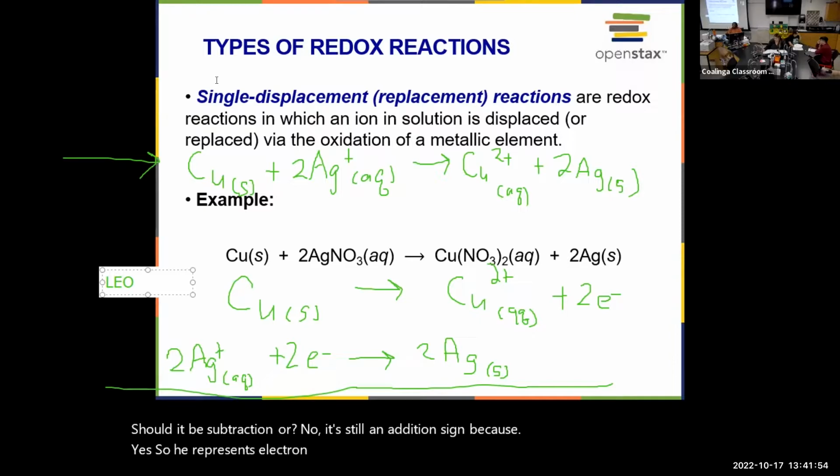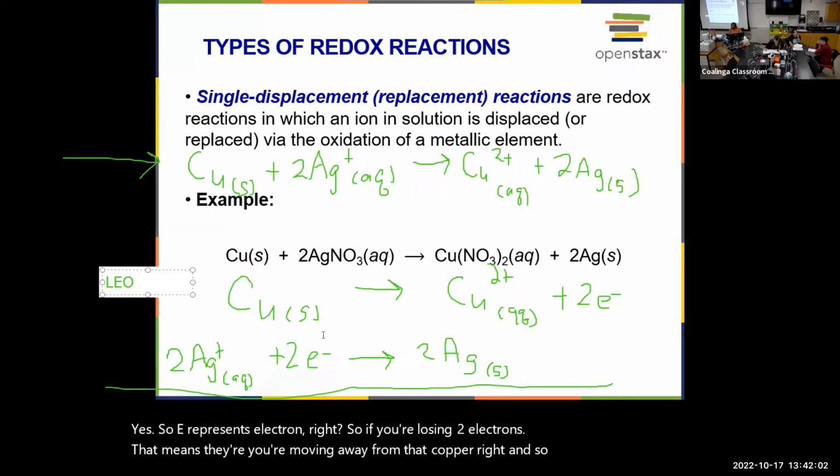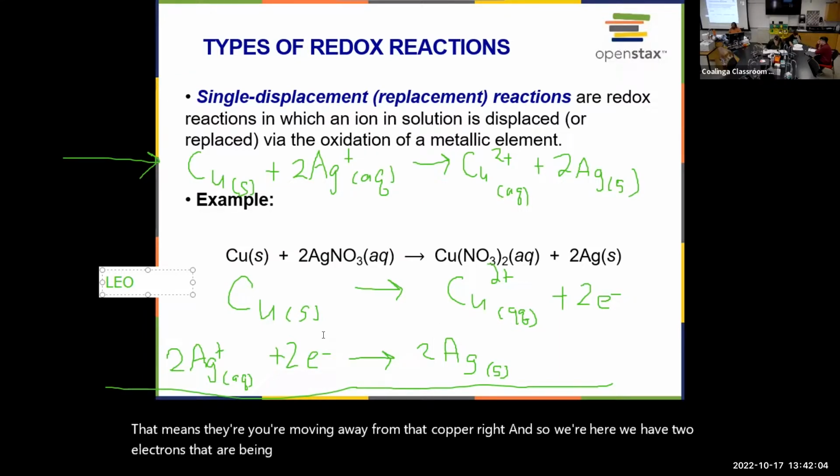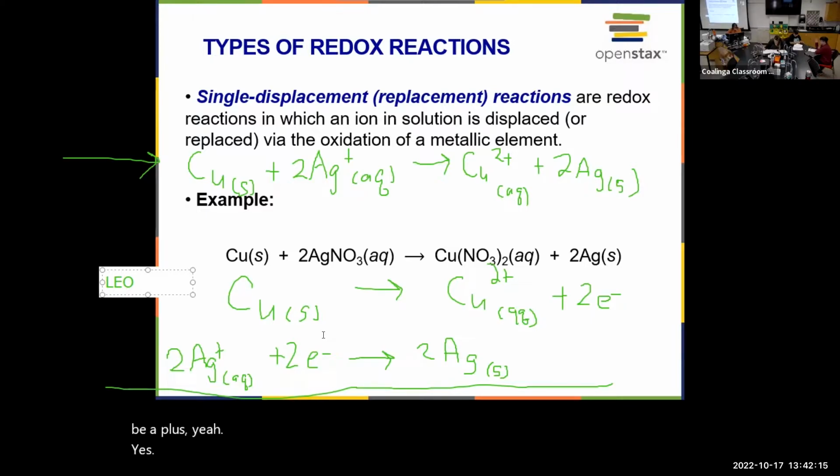If you're losing 2 electrons, that means they're moving away from that copper. So you'll never use a minus sign in the equation. It's always going to be a plus. Yes, the arrow represents that it's turning into that, right? That's right.